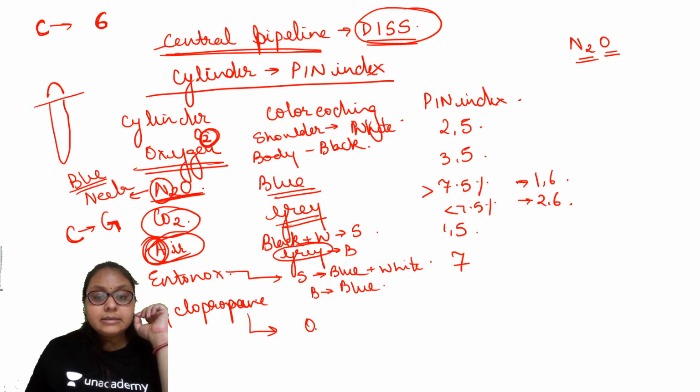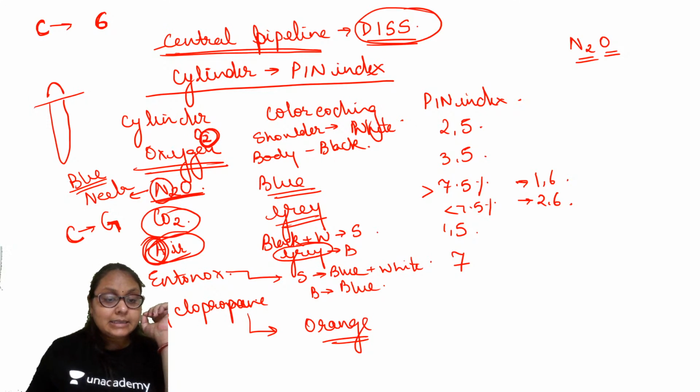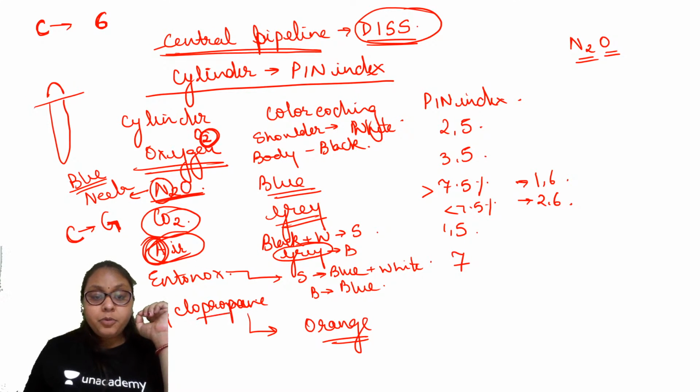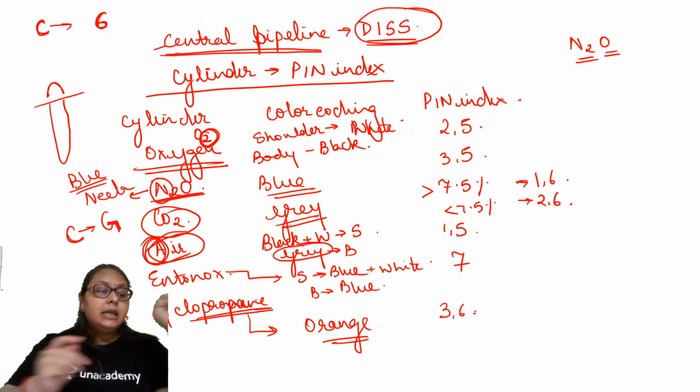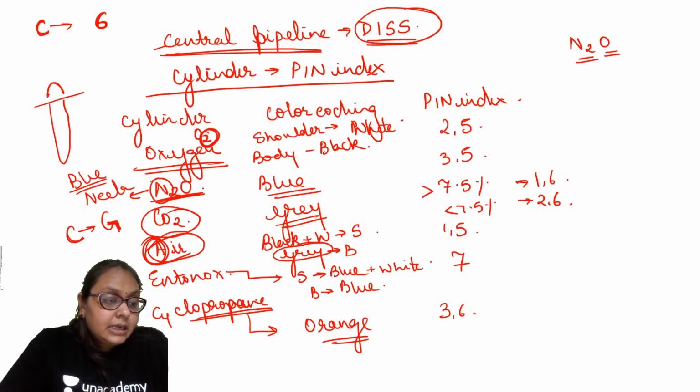Cyclopropane is a different orange. What is the pin index? Since C is coming, surely 6 will come in the pin index. And propane 3, so it is 36. Is it clear? So this was just a revision of the pin index and the color coding of the cylinders.